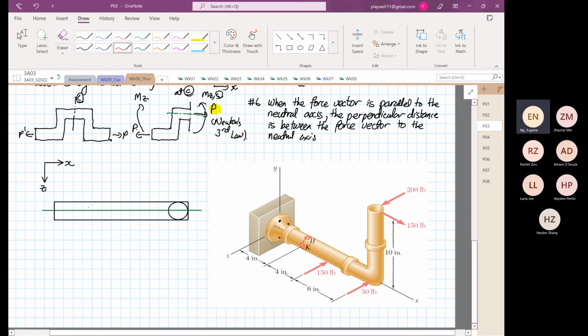This is our element H. This is our element K. Then we have a load coming down or pushing up at 50 pounds, and another load pushing at 150 pounds.